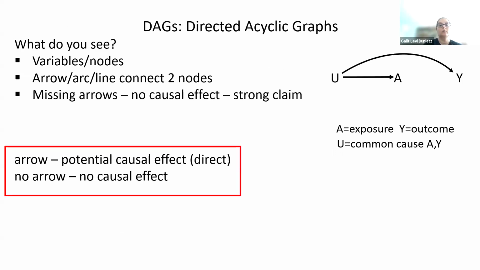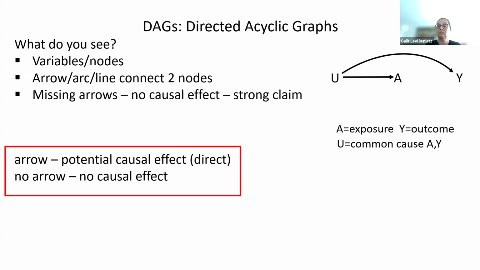So let's look at the components of a DAG. When we see a DAG, we have variables or nodes, and then we have arrows that link two nodes or two variables. When there's no arrow between two variables, that means there's no causal effect between them.